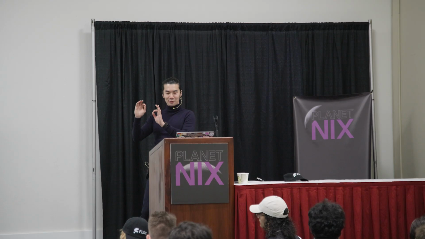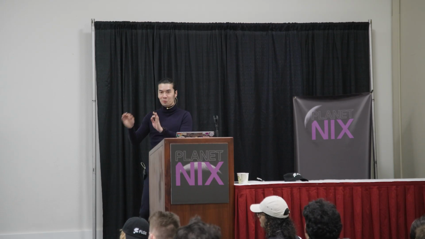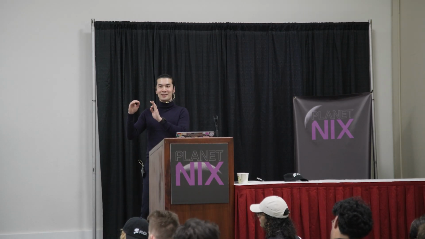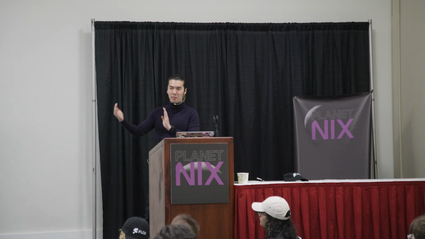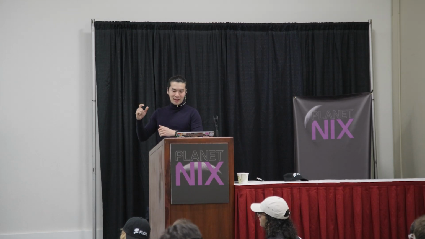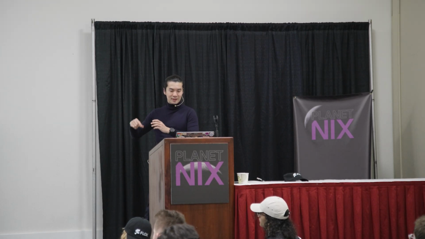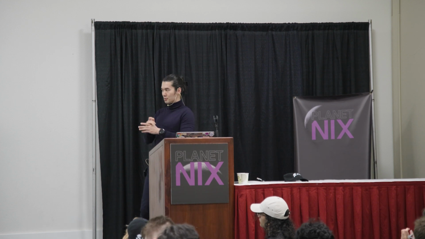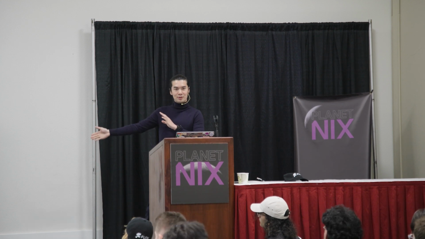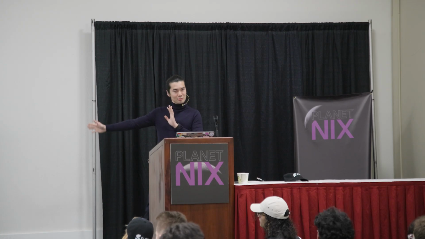I'm not going into details of it, but if you are interested in how the hash calculation works, the Nix manual has a full explanation of the Nix encoding and also the store path calculation. And it's followed by a hyphen and the name and the version. So this is also quite important. Everyone got this point? Good.